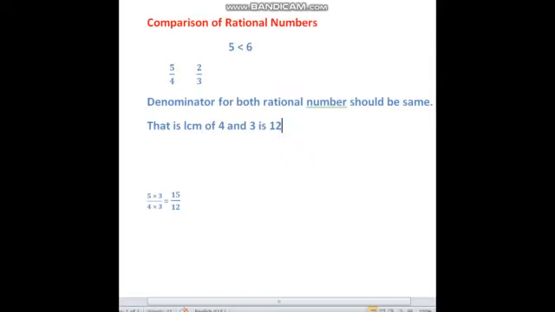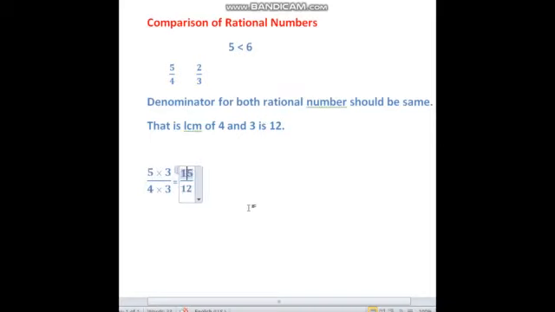Therefore that will be 12 here like this. Let me enlarge that like this way.